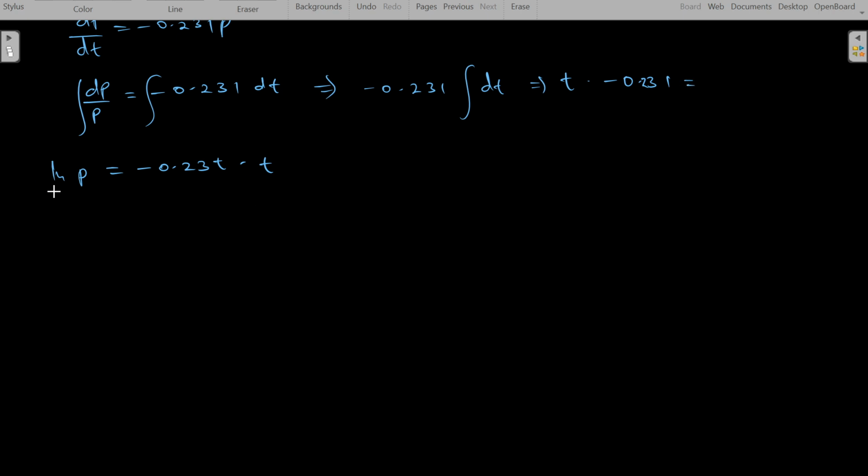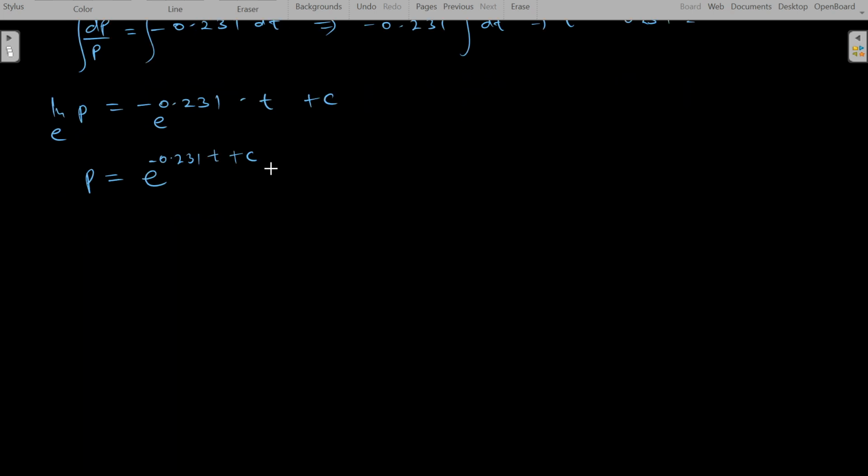From this point, let's take the exponential of both sides. So we'll get P equals e raised to negative 0.231 t, and remember we should have a constant of integration at this point. So it's e raised to negative 0.231 t plus C. But for this C, we have seen how we solve for this.